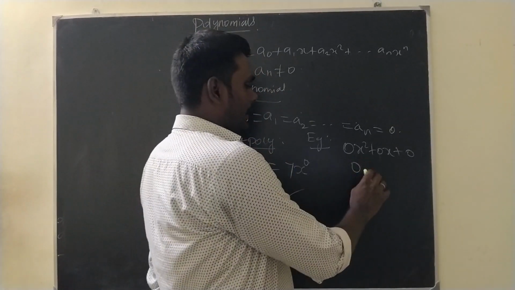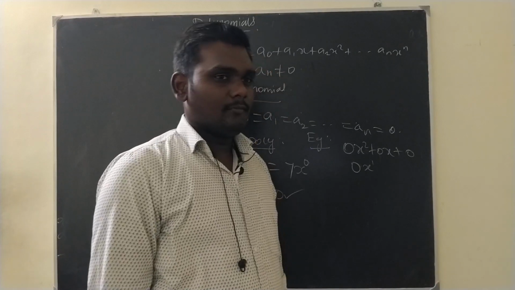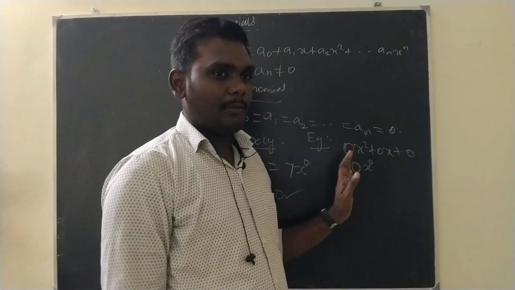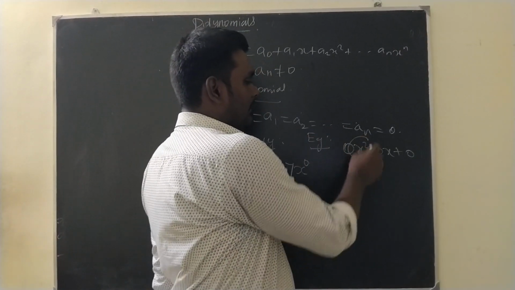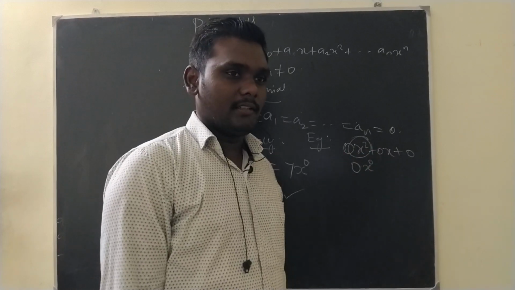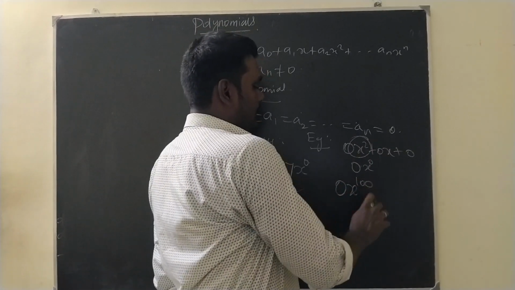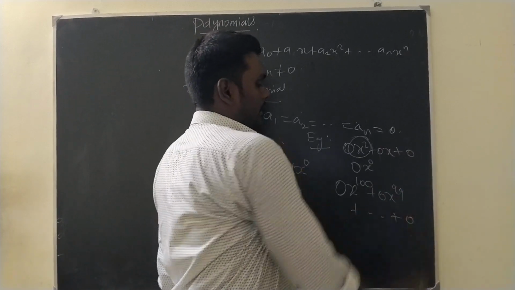Okay. What is the variable you are writing? X power 1? Okay. X power 0. You are saying 0 is the degree of this zero polynomial. I am giving you another example. As per this, you may say 2 because it is a leading coefficient. Like 0 into x power 100, 0 into x power 99. Likewise, you may write.